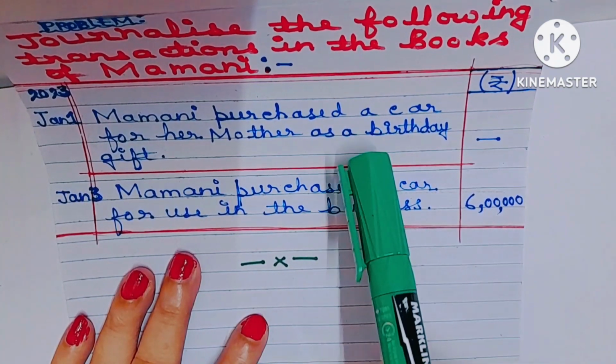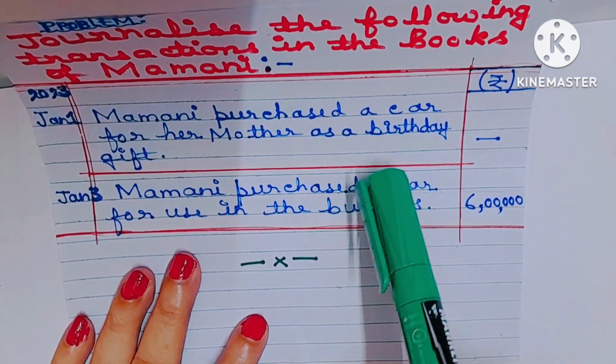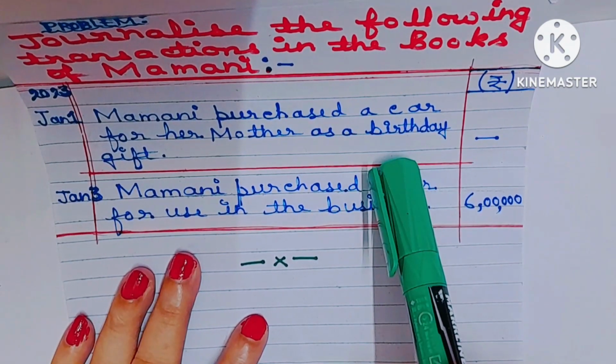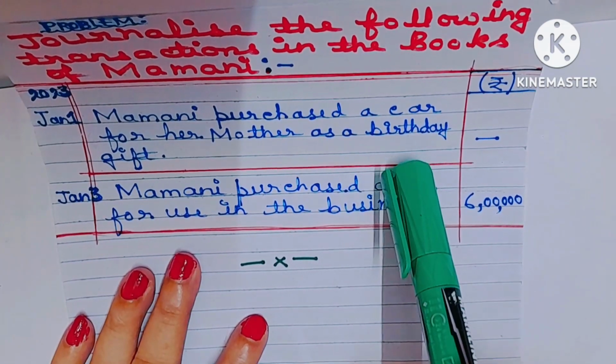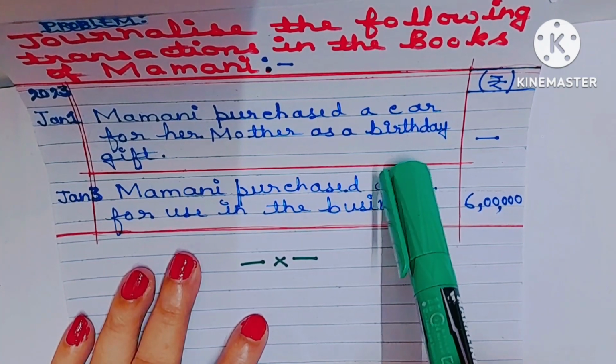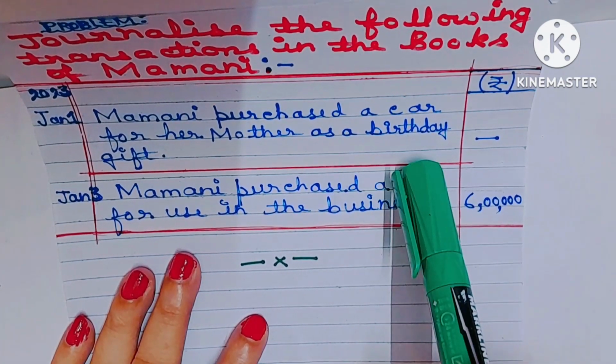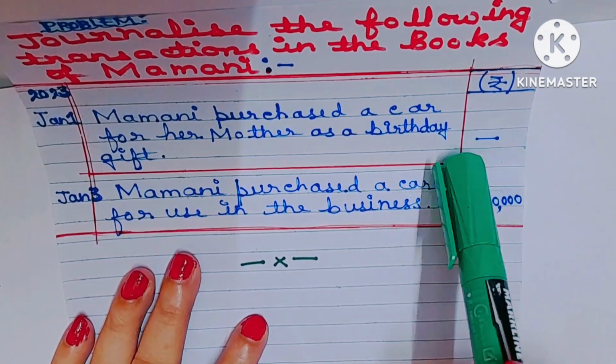Why? Because this is not a transaction. This is not considered as a transaction because this is a social engagement to which no money value is attached. See, no money value is attached.